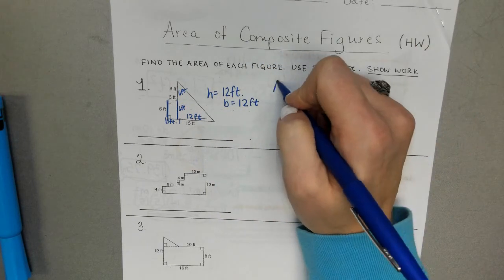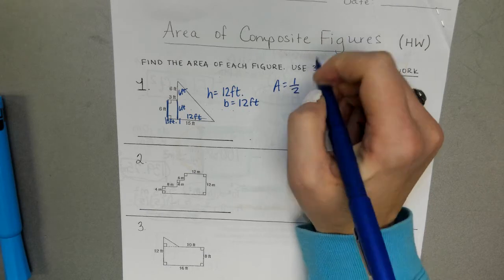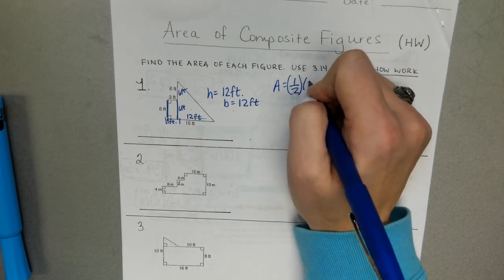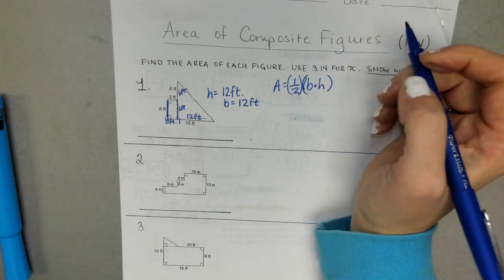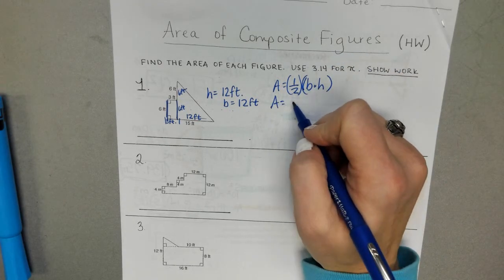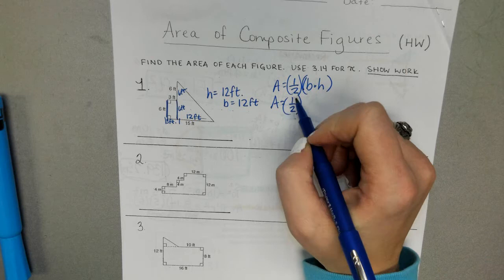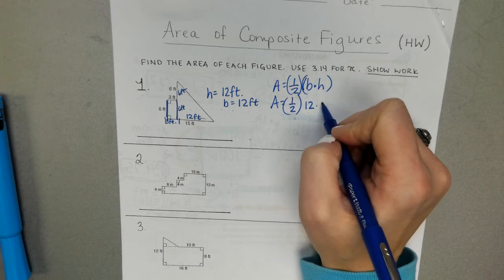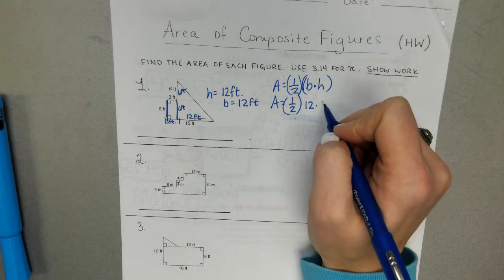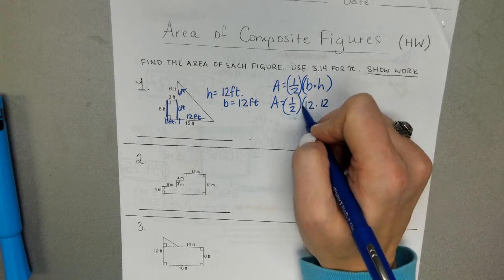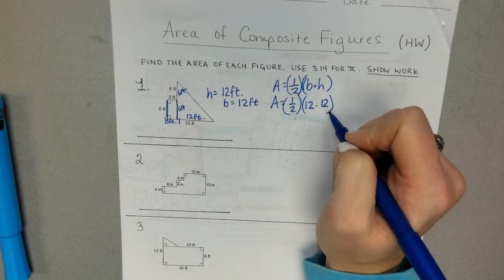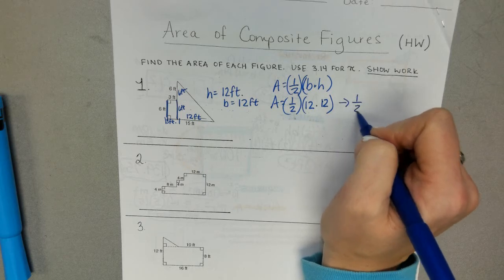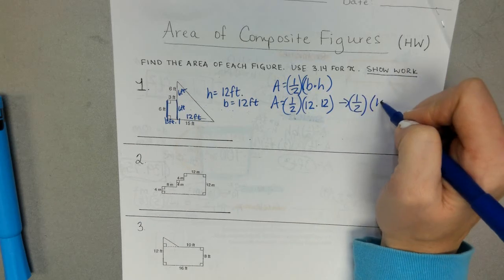We know that the area of a triangle is 1/2 the base times the height. So area is 1/2 times the base, which was 12, times the height, which is 12. So that is 1/2 times 144, right?